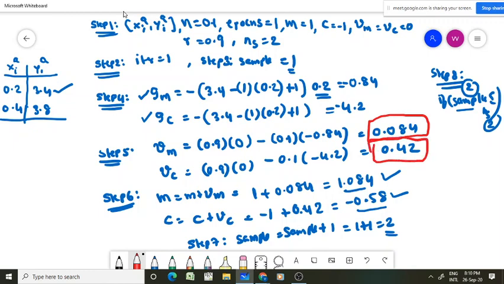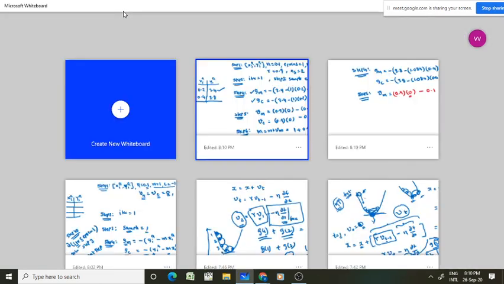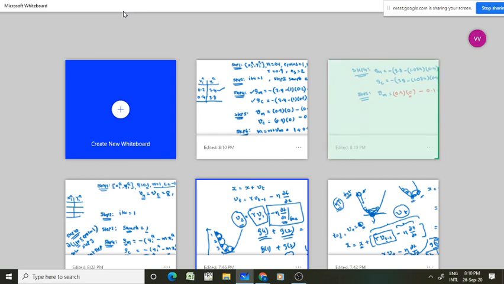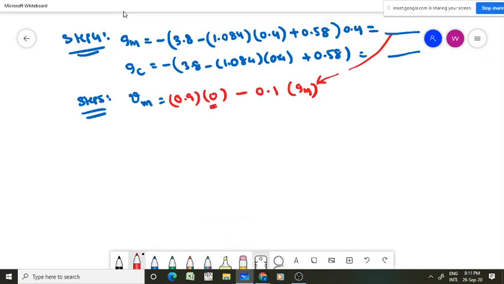Those are the Vm values we have to take, not 0. So it will be 0.084. GM is coming from here and all values are known, so you can calculate the Vm.